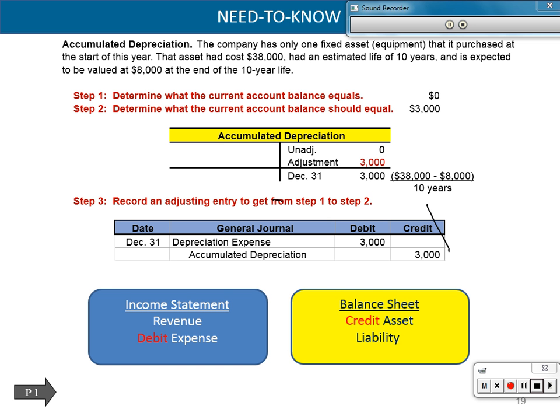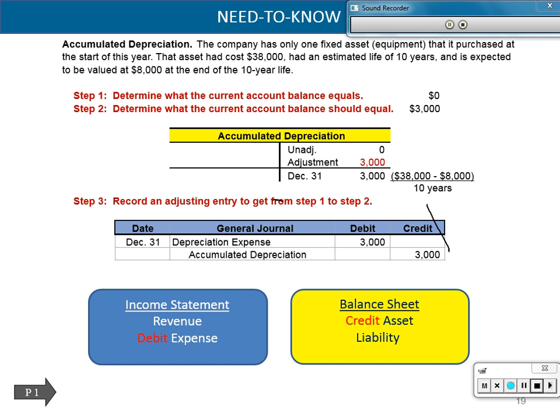So we know that every piece of equipment, vehicles, those types of things depreciate, right? And for every asset, they have a contra account that goes along with it, or a contra asset. So for equipment, you would see it listed as equipment, and under it, you would see accumulated depreciation dash equipment.